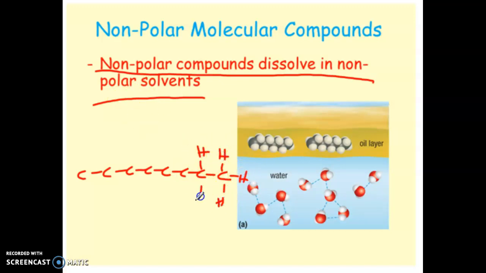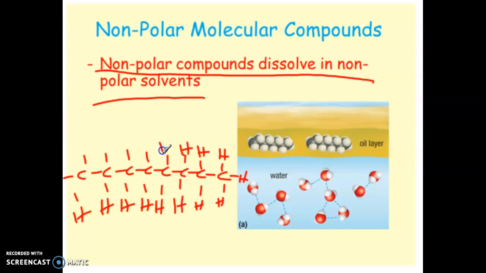Imagine that all these tick lines I'm going to draw are hydrogen atoms. Okay, so this is octane.